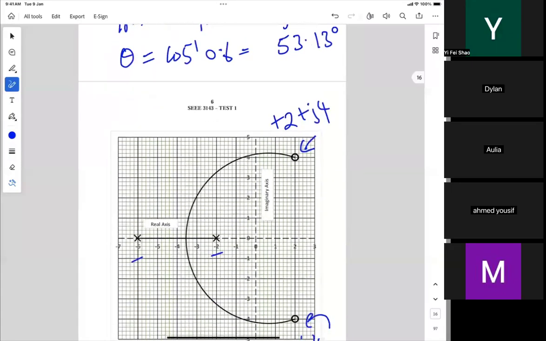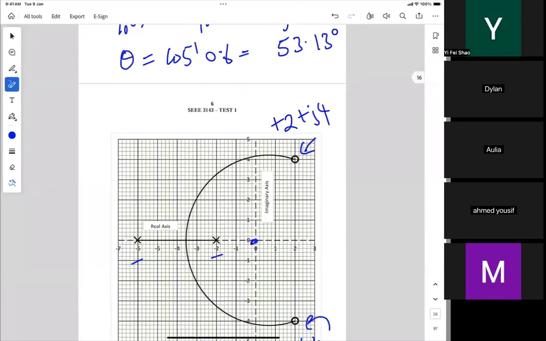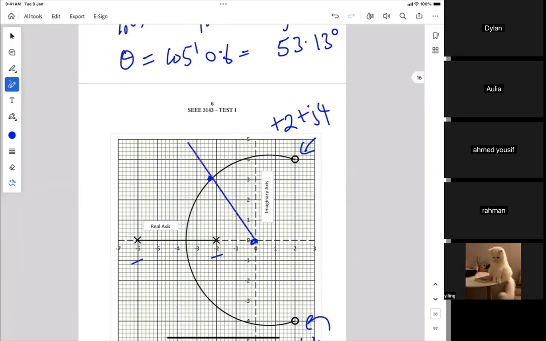So we draw 53.13 using the ruler, lebih kurang dekat sini. Okay, nampak eh? So this is zeta 0.6, which will give you theta, this one, 53.13. And what is the dominant pole over there?